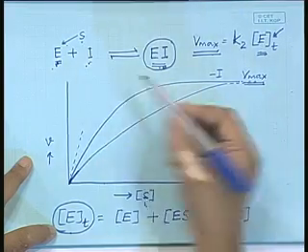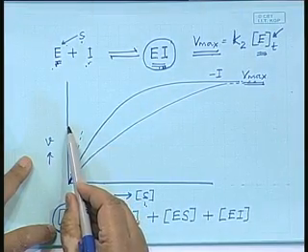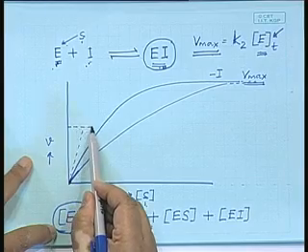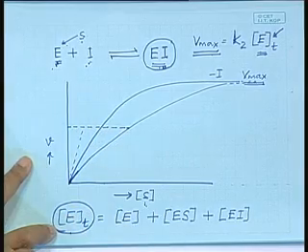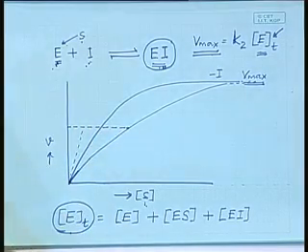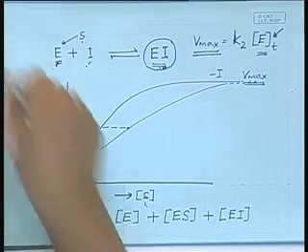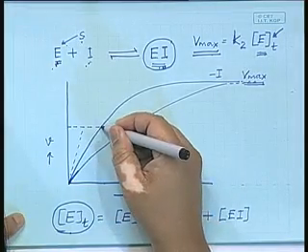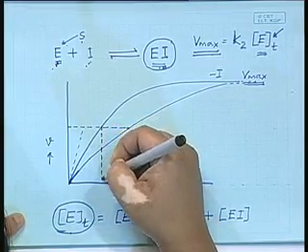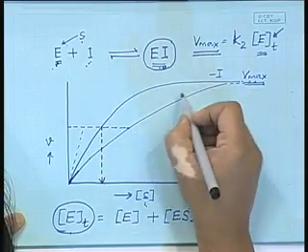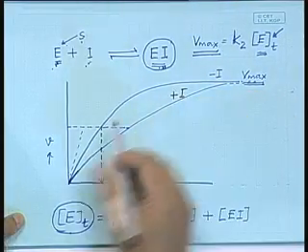What is going to happen to my Km? I go to half of Vmax, which is approximately this point here. This is my Km value without the inhibitor.